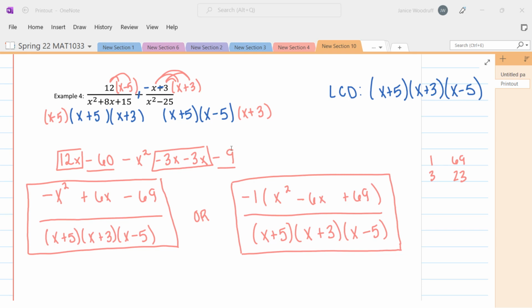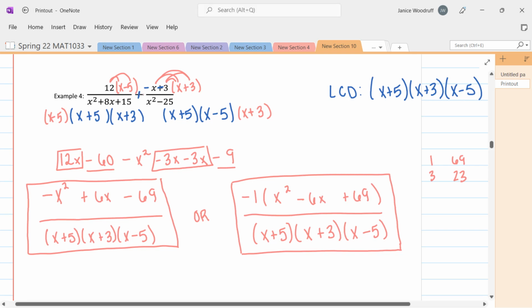Mm-hmm. So, right, are you multiplying by negative x minus 3 in the top?